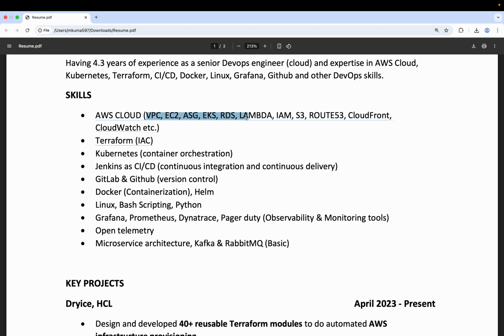They might write VPC, EC2, ASG, EKS, and not mention AWS cloud. So I have mentioned the AWS cloud as well as the different services, so that my resume can get shortlisted, correct?